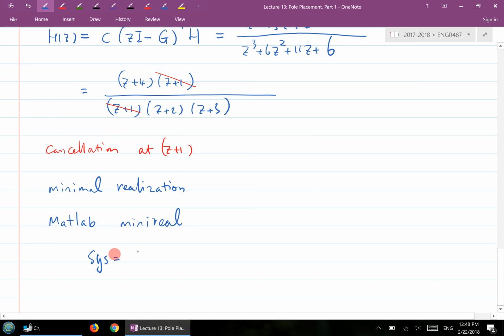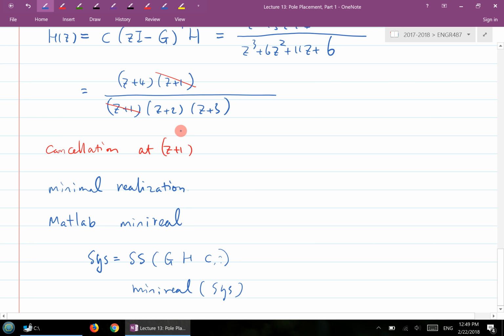You can create a system using the ss state space command, I think there's probably a sampling time, I don't remember, and then you can feed this system into minreal. MATLAB will actually tell you what the actual order of the system is. It will cancel out and be able to detect that there's a pole zero cancellation.